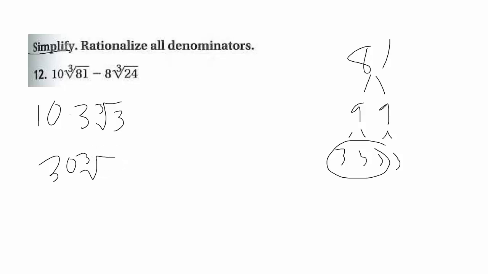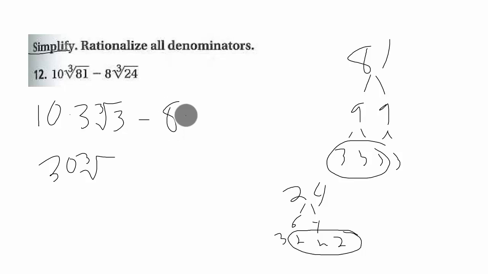All right, and then the cube root of 24, again, you could prime factor the 24. 24 is 6 times 4, and then 6 is 3 times 2, and 4 is 2 times 2. So 3 2's break out of that. So you have the 8 just hanging out, times, then you have 2 times the cube root of 3. Hey, it's cube root of 3 both times, so these actually are able to be combined.